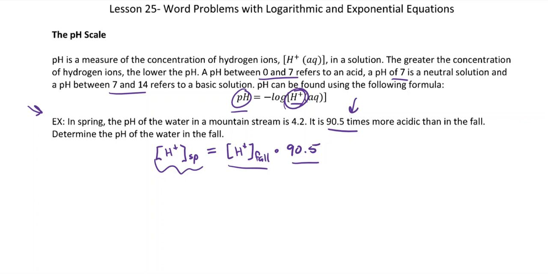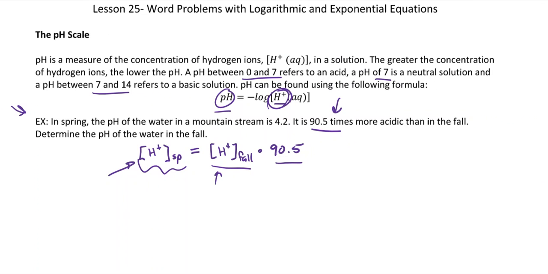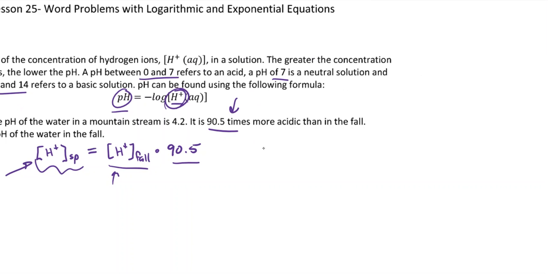Now, what we have to do here, if I want to have my hydrogen ions equal to my hydrogen ions, let's look back at our equation here, right? We had pH. Actually, I'll write the whole thing again. pH, capital H, is equal to negative log, I'm just going to write it as H plus, without the aqueous.